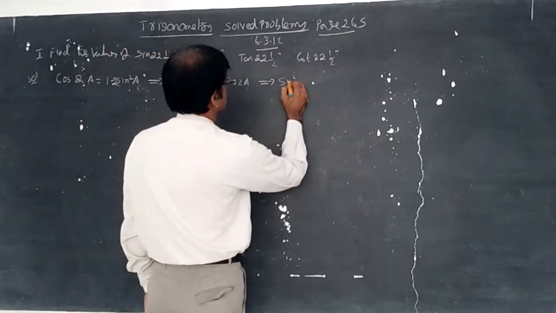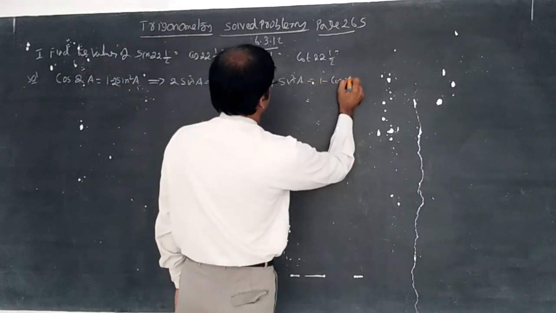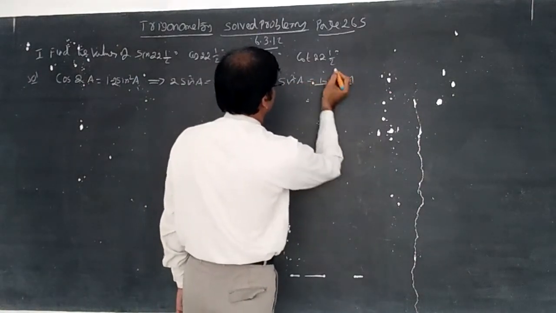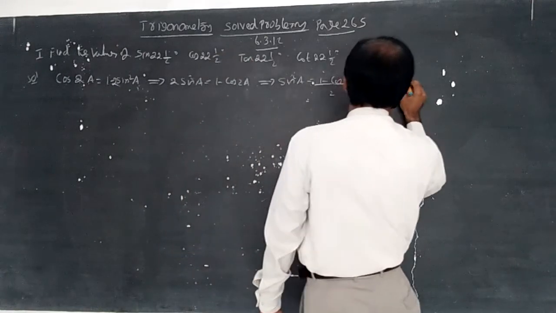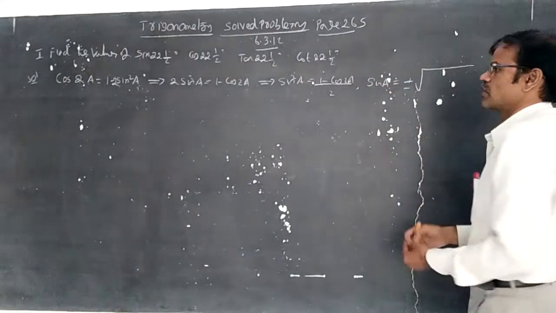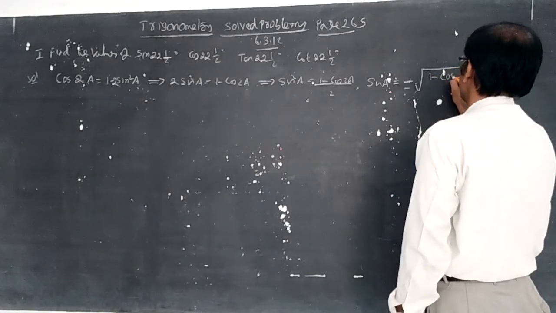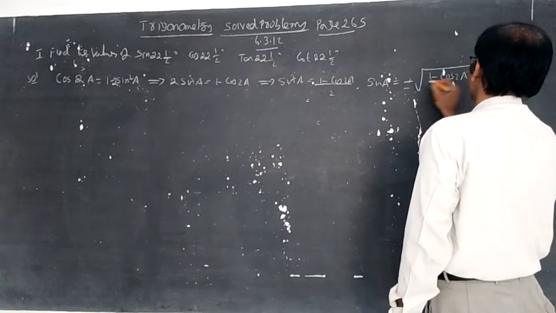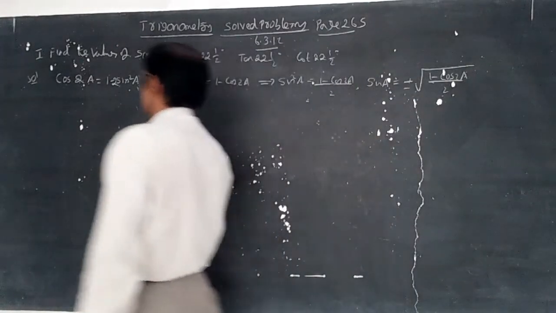That implies sin square a is equal to 1 minus cos 2a whole by 2. Sin a is equal to plus or minus square root of 1 minus cos 2a whole by 2. I said all formulae in the concept of multiple and submultiple angles.